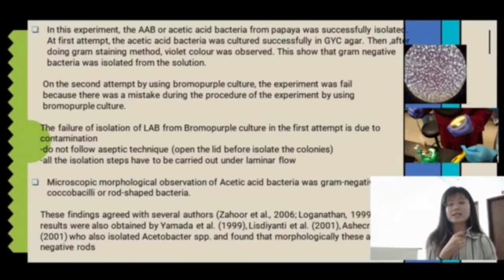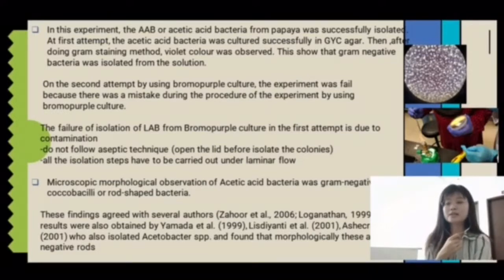But in the first attempt using the bromocresol purple culture, we failed to observe any pink colony. This may be due to several reasons, such as not following proper aseptic technique.